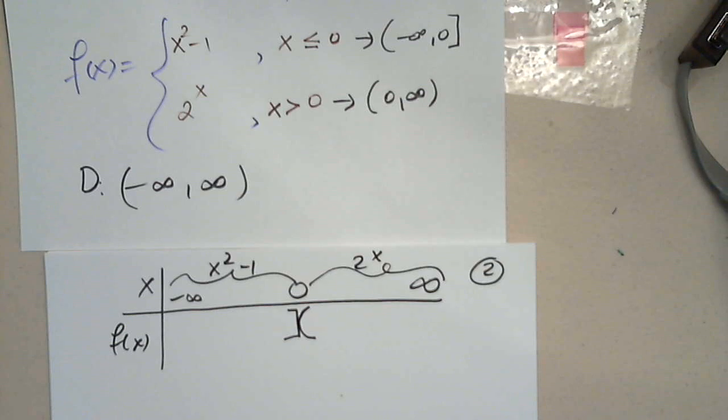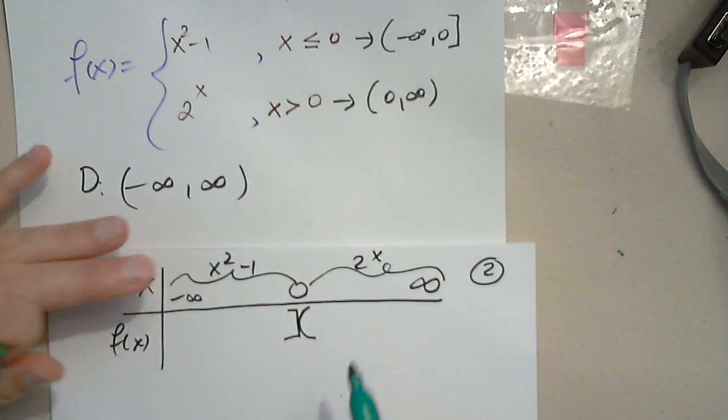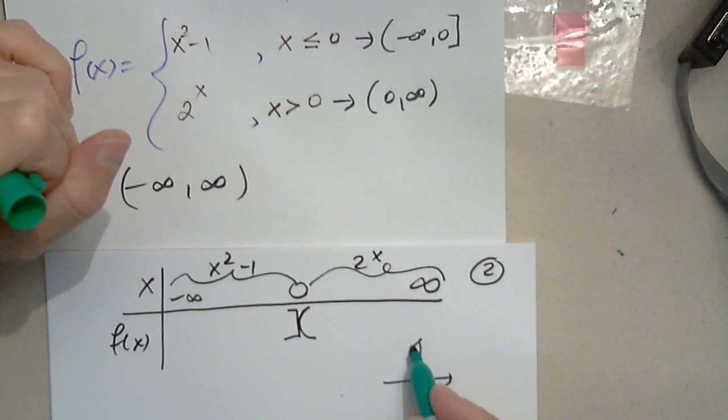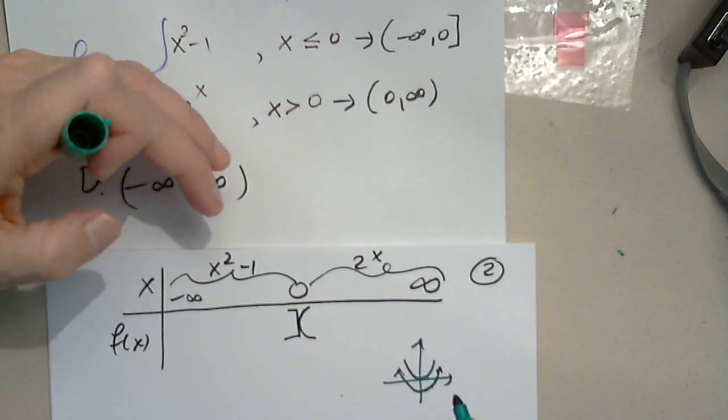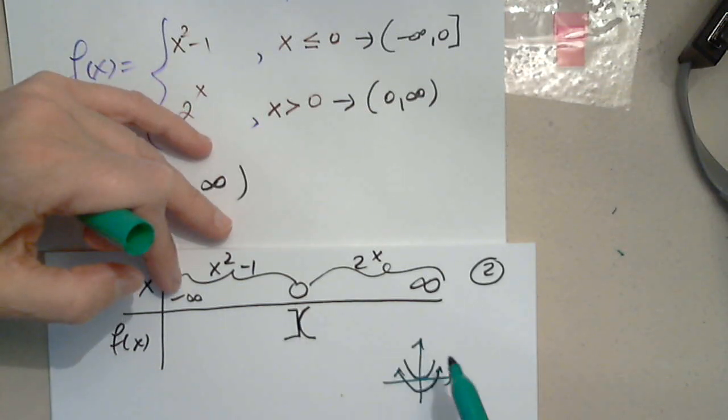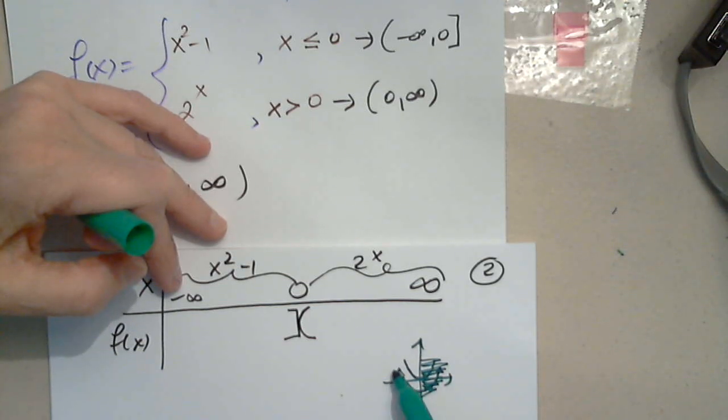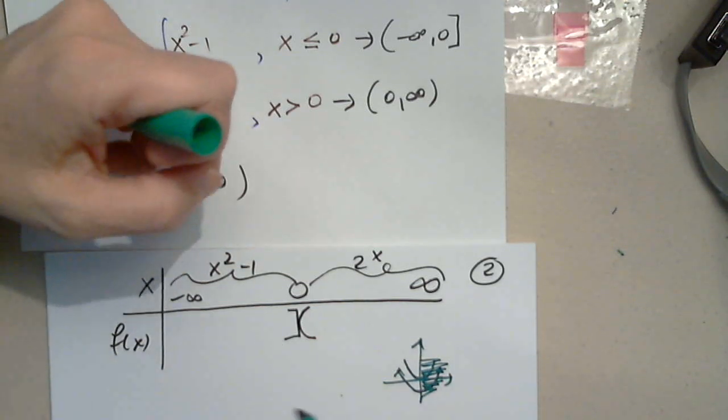Then I know how to graph this. When I graph x squared minus 1, we graphed it so many times. This is x squared, and this will be x squared minus 1. But I have to graph between negative infinity and 0, just this part. So I'm just going to plug in.